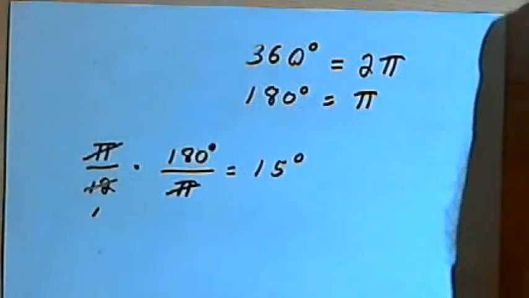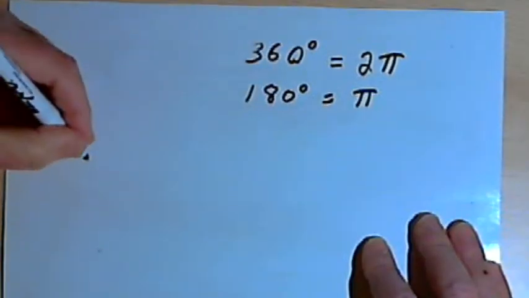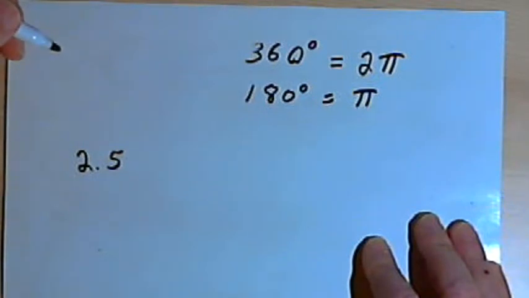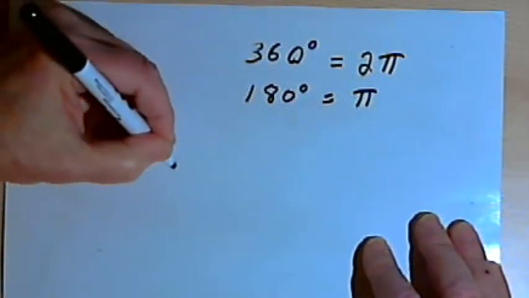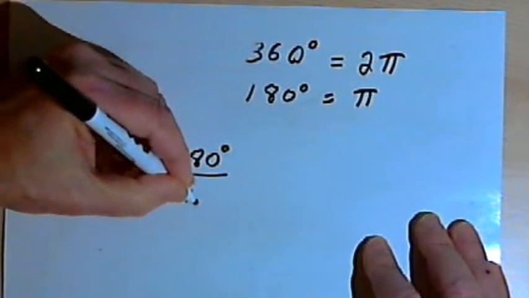Okay? And let's do one more. So let's say I start out with 2.5 as my radian measure. I'm going to multiply that by 180 degrees over pi.